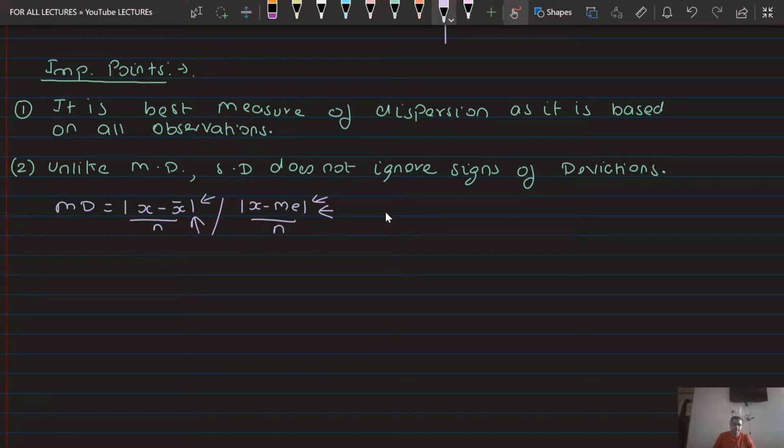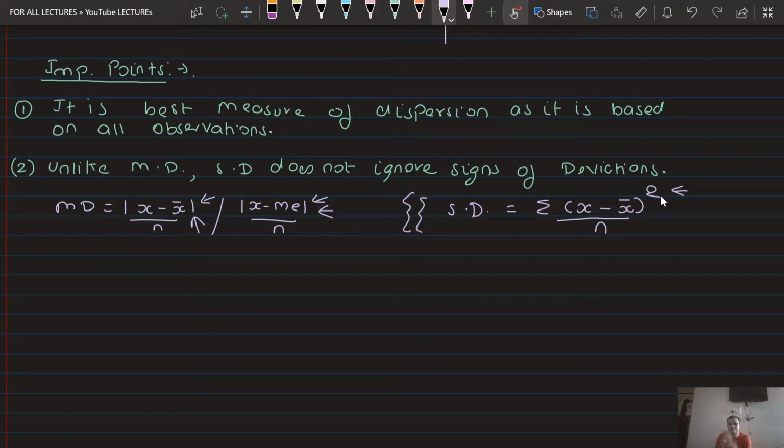But if you see our formula for standard deviation, the formula is like this: x minus x bar the whole square upon n. So when we square, automatically the negative number becomes positive and the positive number also remains positive. So here we are taking the square to make it positive, whereas in modulus, we are ignoring the signs.